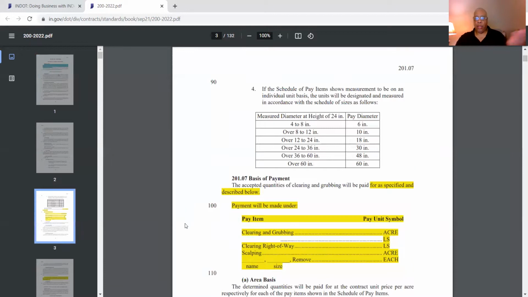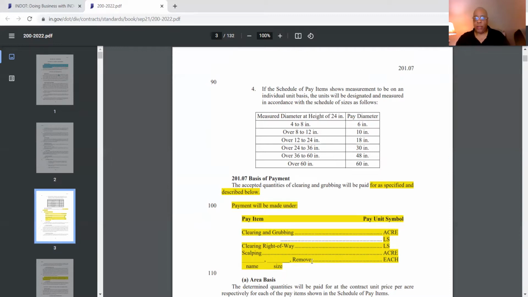Also, you have your pay items. It's very important, because when a contractor does work, you're going to have to pay them by a certain unit. Now, clearing and grubbing is done by an acre. Clearing a right of way, lump sum. Scalping, acre.